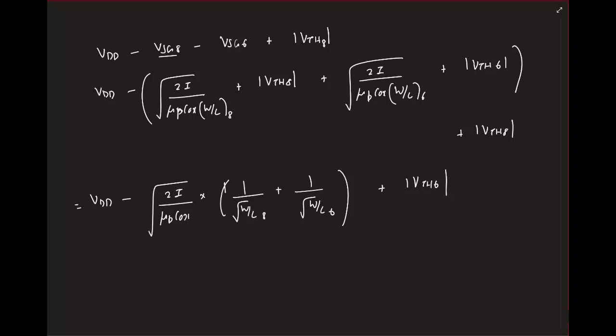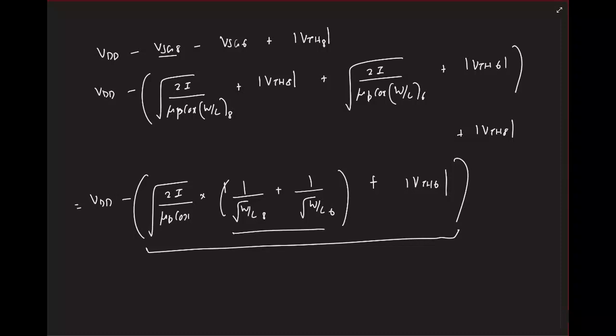So now can you look at this expression and tell me some other way to generate this voltage? Minus, is it? Okay, fine. So now you look at this expression and tell me some other way in which you can generate it. A single diode-connected MOSFET with that particular W by L. This is the same square root of 2I by mu COX, and the W by L must be this guy.